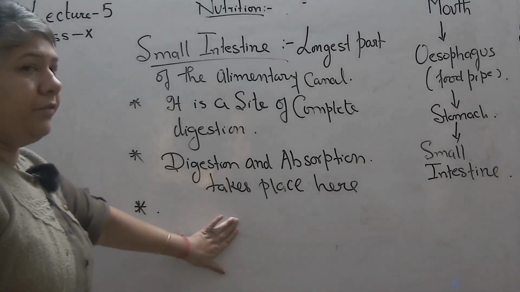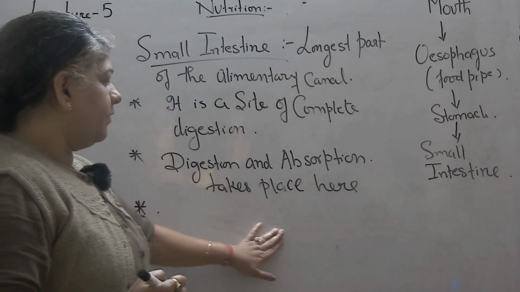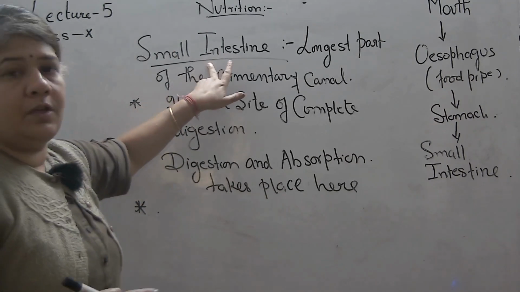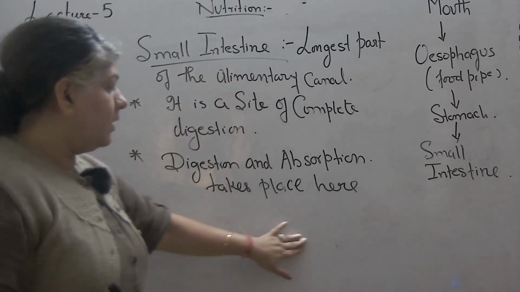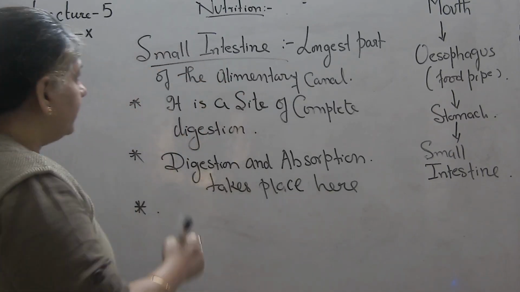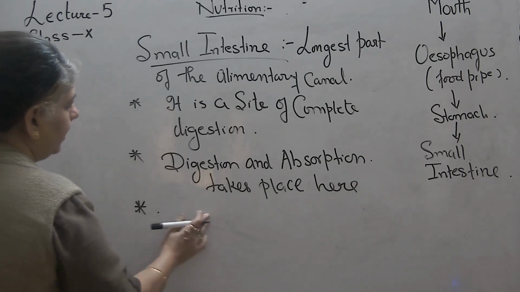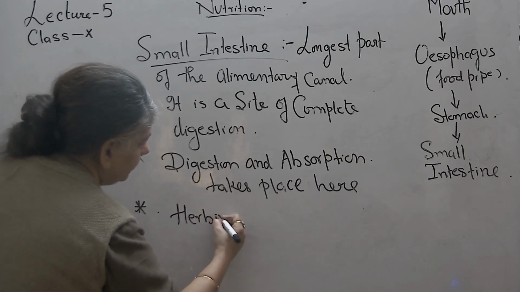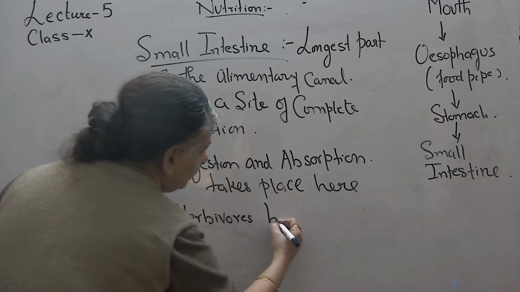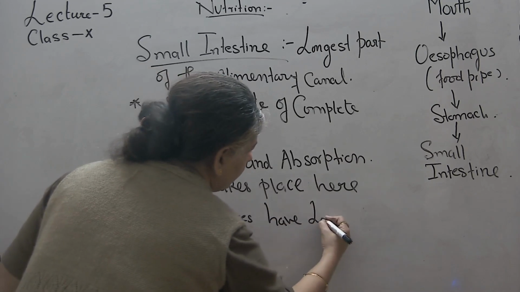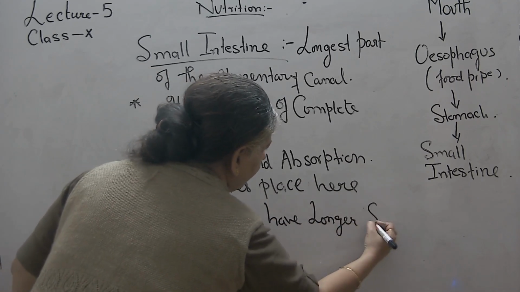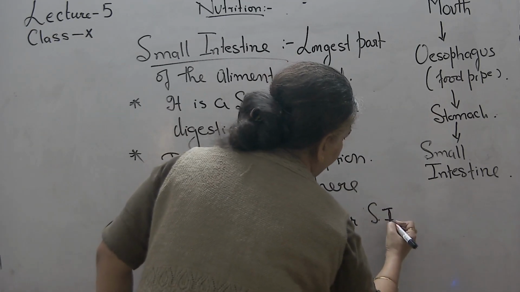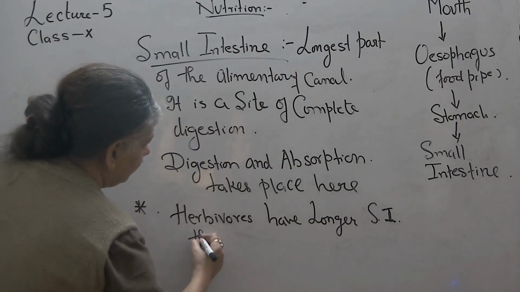One more point I must write down here. Different animals have different modes of nutrition, so the length of small intestine varies. For example, herbivores have longer small intestine (SI) than carnivores.